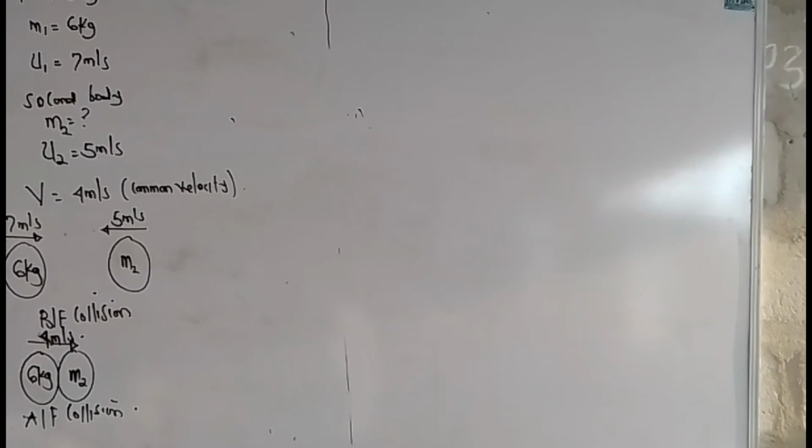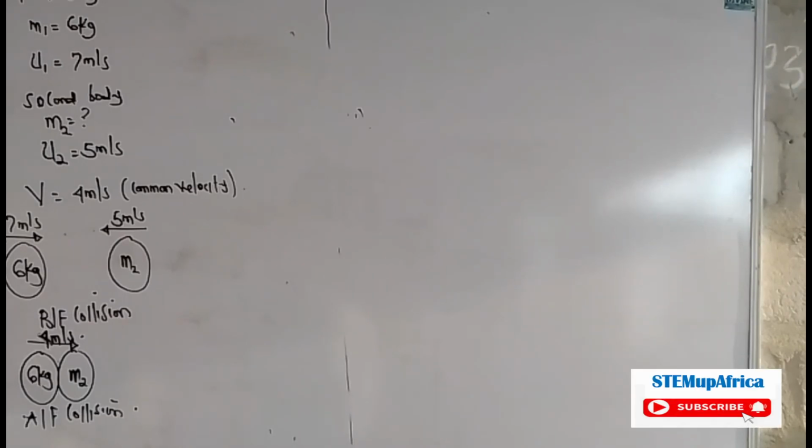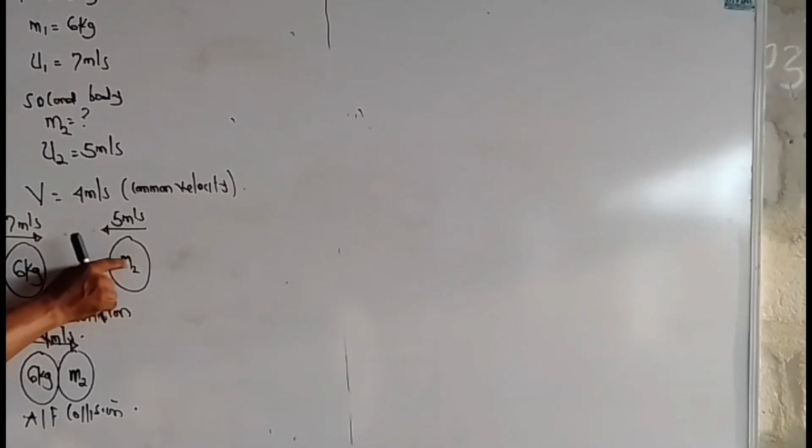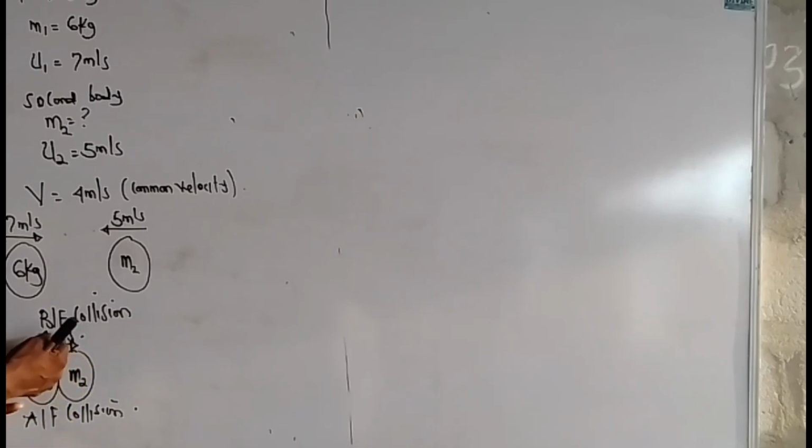So with this now, if we apply the principle of conservation of linear momentum, total momentum before collision equals total momentum after collision. What is momentum by definition? It's mass times velocity, the product of mass and velocity. Each body will produce a momentum, and the two bodies together will also produce a momentum.